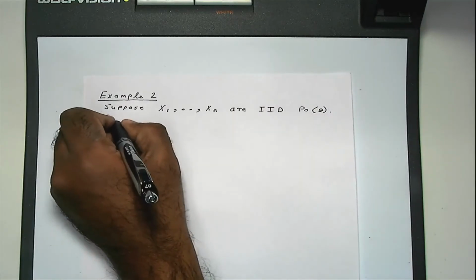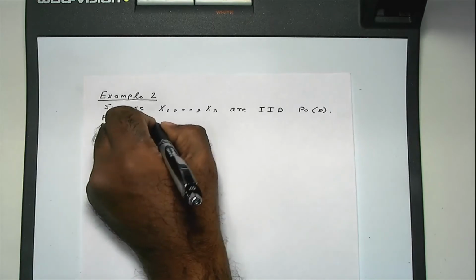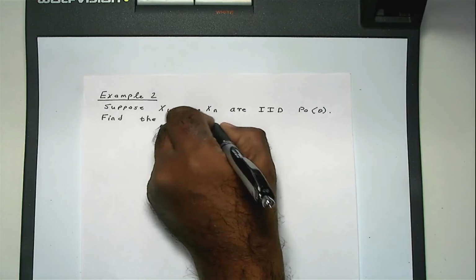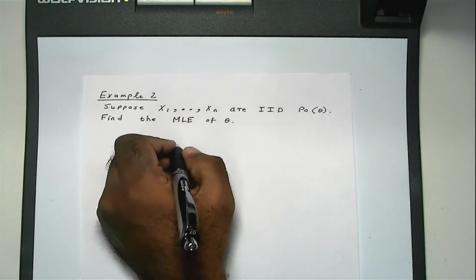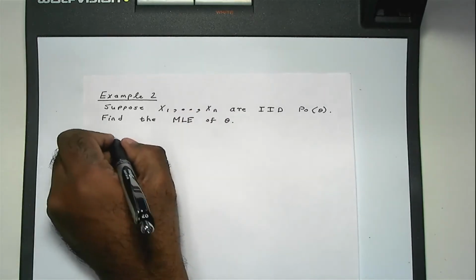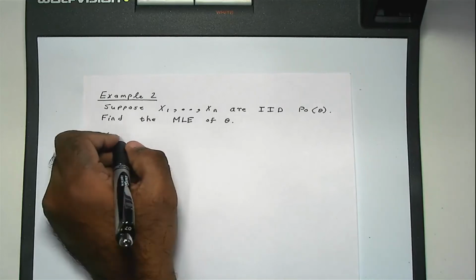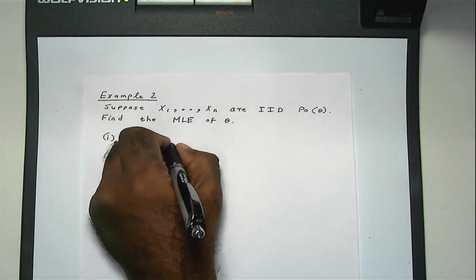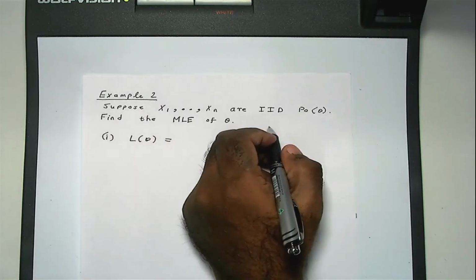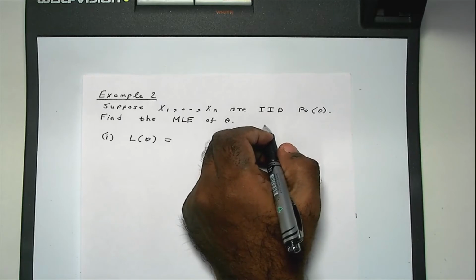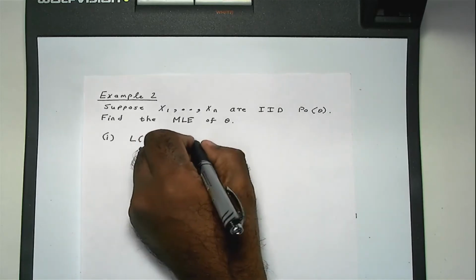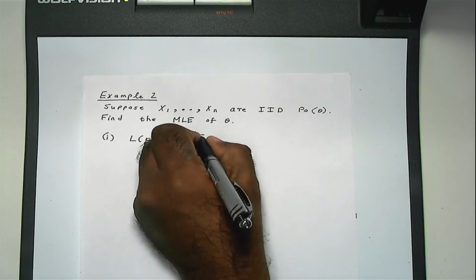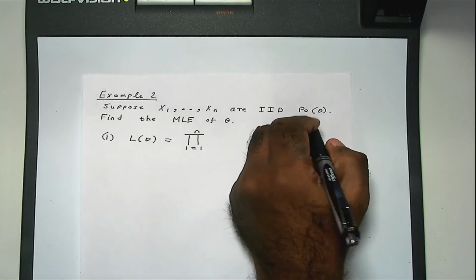Question is once again, find the MLE of theta. Okay. So the first part is to write down the likelihood function. So in this case we are dealing with the discrete distribution, so we will follow the procedure for a discrete distribution. Right? So the likelihood is the product of the probability mass function for the Poisson distribution.